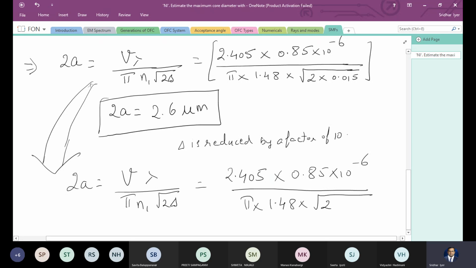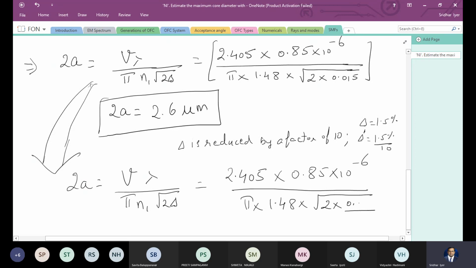So the original value of delta is 1.5%. Since it is reduced by a factor of 10, the new delta, let me call it delta dash, is 1.5% divided by 10. Therefore, I'll plug in that new delta here. That new delta will be 0.015 divided by 10.